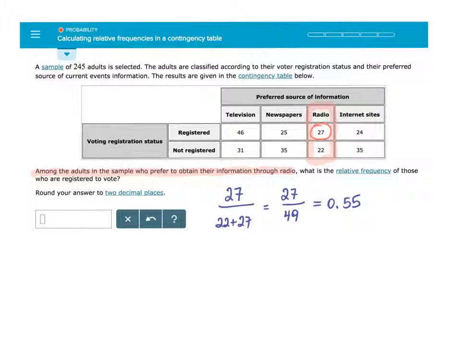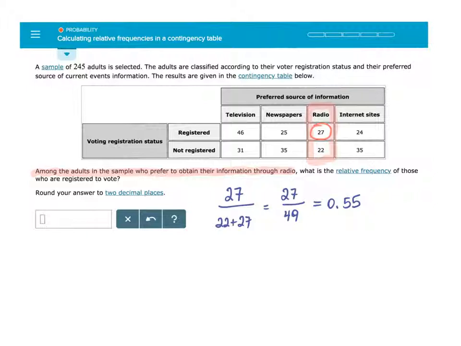The question specifically says that we need to look among the adults in a sample who prefer to obtain their information through radio. So we are going to only look at people in this category, those who prefer to get their news through radio. And then we want to know what is the relative frequency of those of them who are registered to vote.